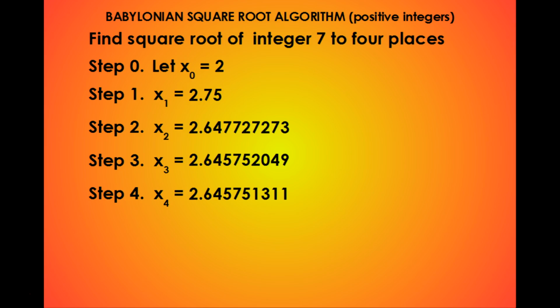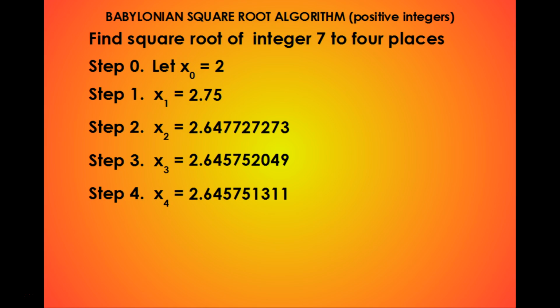And we pause again to see how many places are agreeing after the decimal point. At this point, we've got 5 places that are agreeing. That's 0.64575, the same in both x3 and x4. We're only looking for 4 places, so we can stop now. And you may wonder why we can be sure that these decimal digits won't change the further we do the calculations.